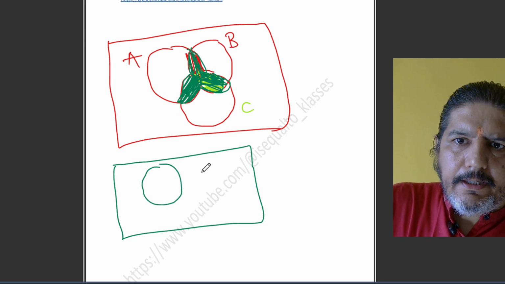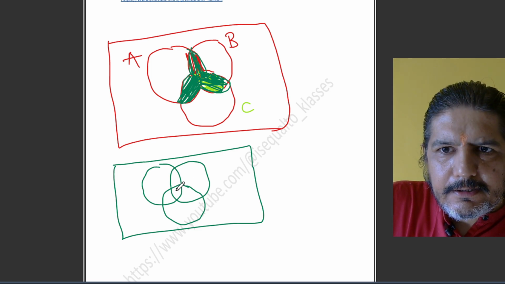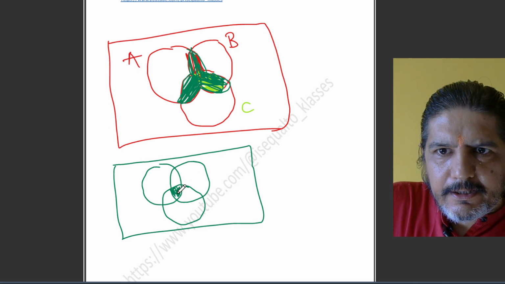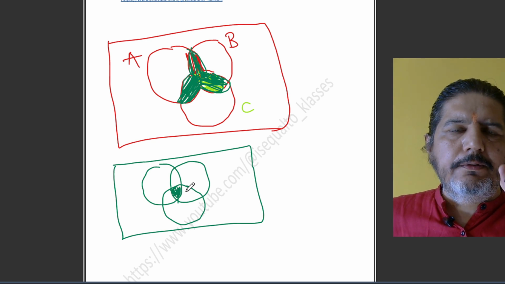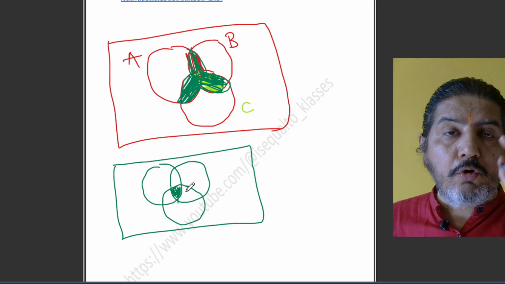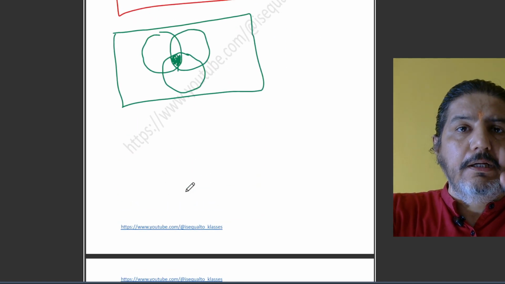That if this is A, this is B, this is C. Now I want you to think about this. This area is basically all the elements which are common in A, B, and C. So these would be those elements which will be there in all the 3 sets.